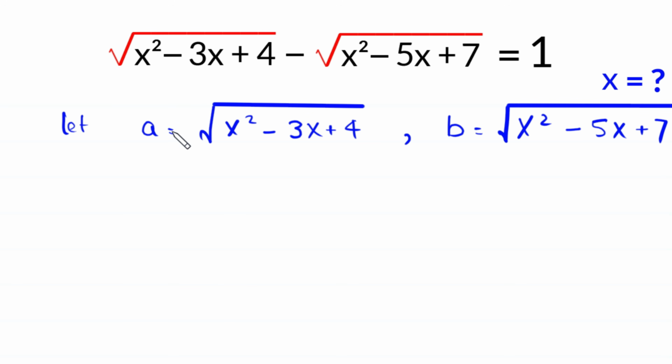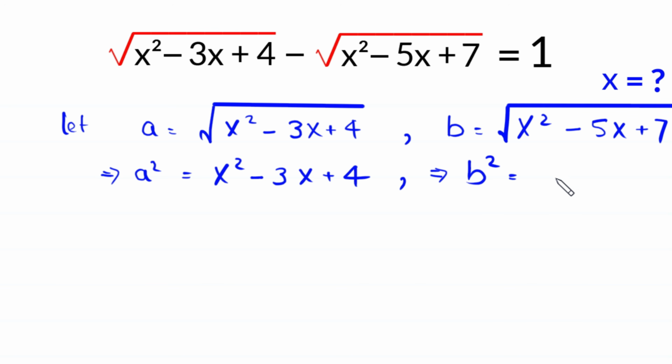If we square both sides of these equations, this implies that a squared equal to x squared minus 3 times x plus 4, and b squared equal to x squared minus 5 times x plus 7.